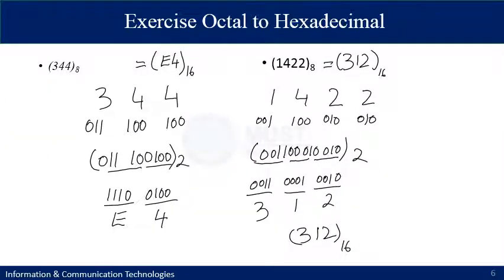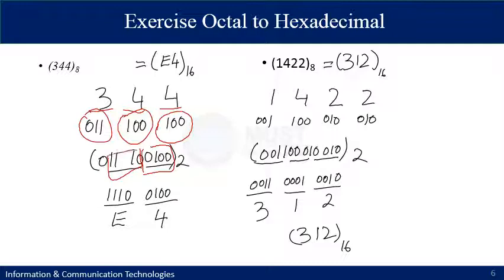So here is the representation to convert from octal to hexadecimal, but now you have known the direct conversion. For each octal number you can take the binary equivalent in 3-digit format, and then convert this 3-digit format into 4-digit format.